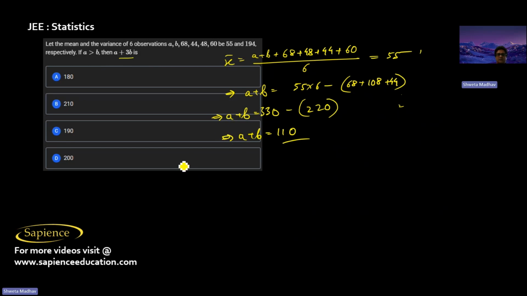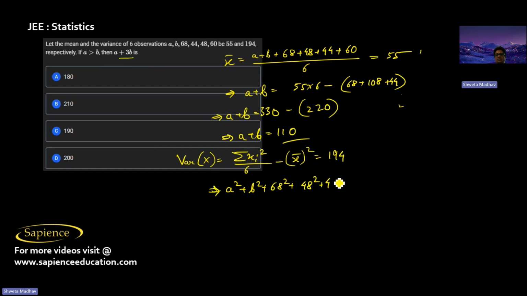Then the variance of x will be equal to summation xi square by n minus x bar square, that is equal to 194. So summation xi square means this will be A square plus B square plus 68 square plus 48 square plus 44 square.